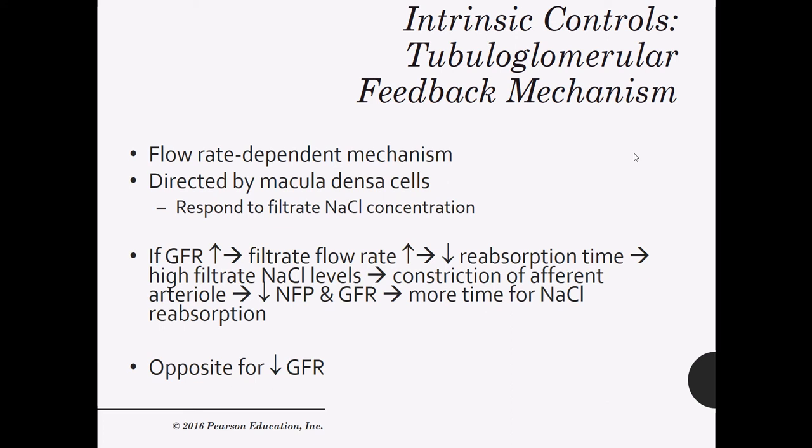So if GFR goes up, for instance, for whatever reason that may be, that means the filtration is happening more rapidly, and the filtrate is flowing through the capsular space and through the tubules faster.